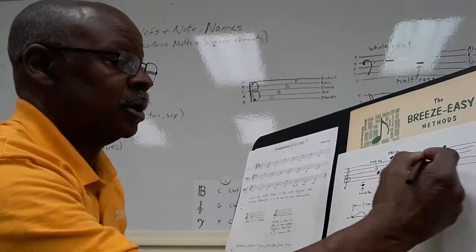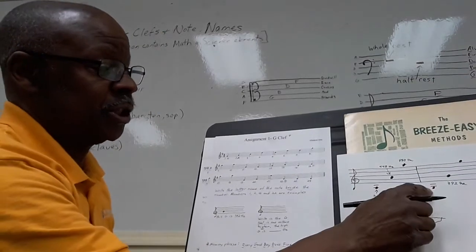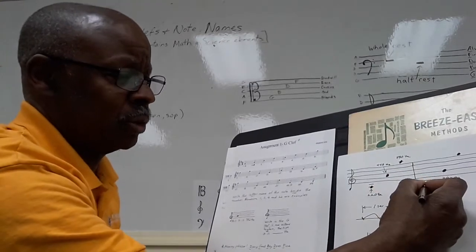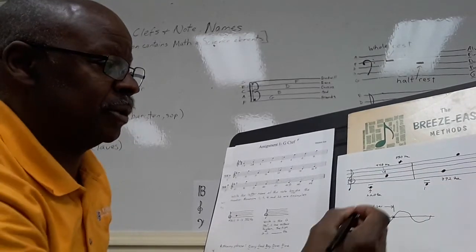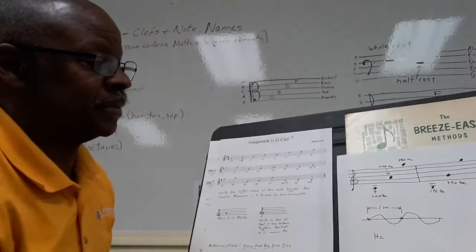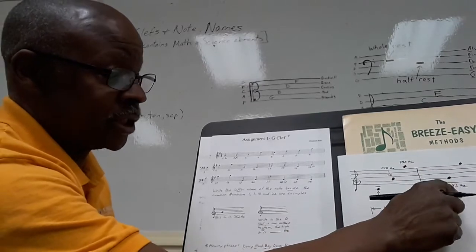So let's say the G is 392 hertz. Well, then this G down here would be half of that. I think it's, what is it? 196? Is that right? And then this G up here would be twice that.